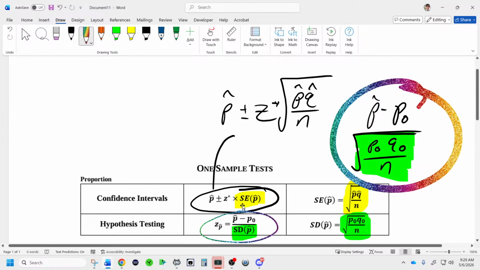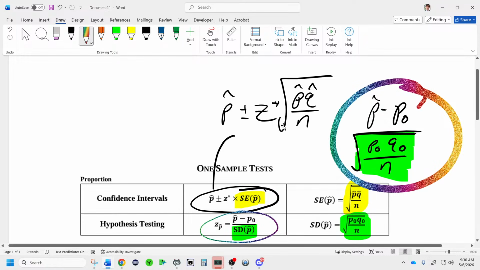So that's the small change in wording: standard error is a measure of uncertainty in your estimate of p hat, and standard deviation is an amount of uncertainty based on a true belief, a true hypothesis.